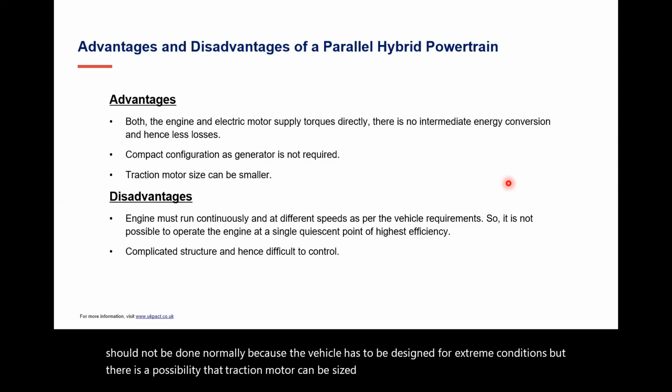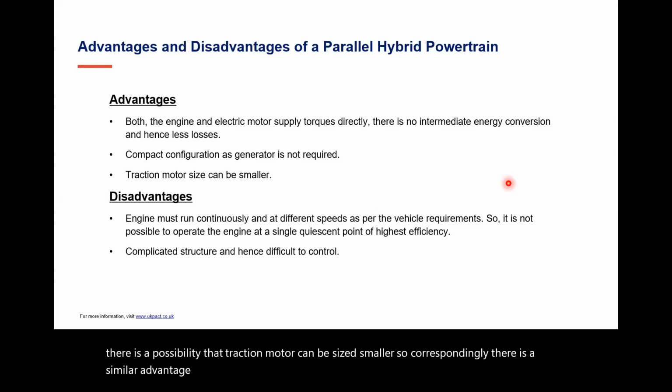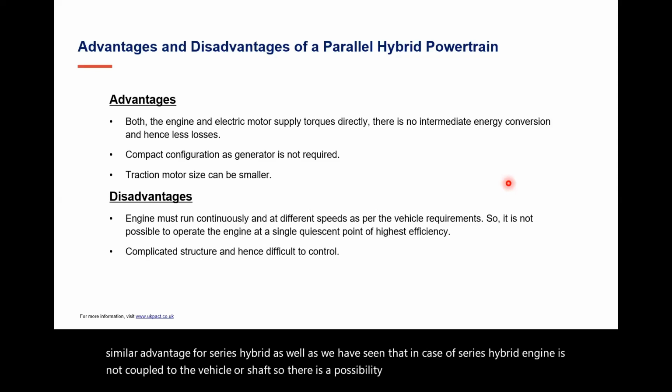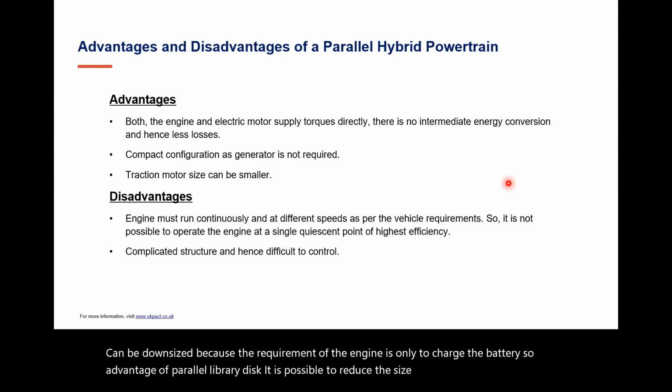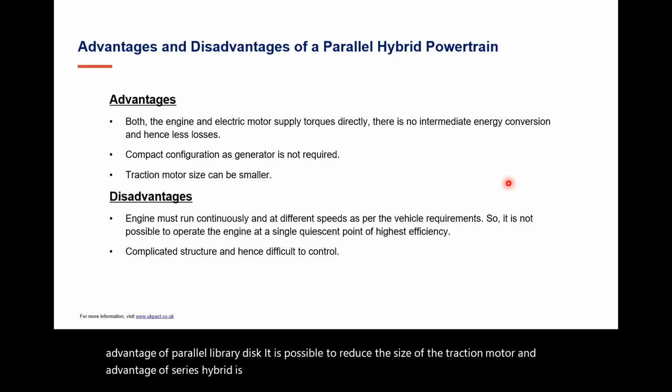Correspondingly, there is a similar advantage for series hybrid as well. As we have seen, in case of series hybrid, the engine is not coupled to the vehicular shaft. So there is a possibility that this engine can be downsized, because the requirement of the engine is only to charge the battery. So the advantage of parallel hybrid is that it is possible to reduce the size of the traction motor, and the advantage of series hybrid is that the engine can be downsized.